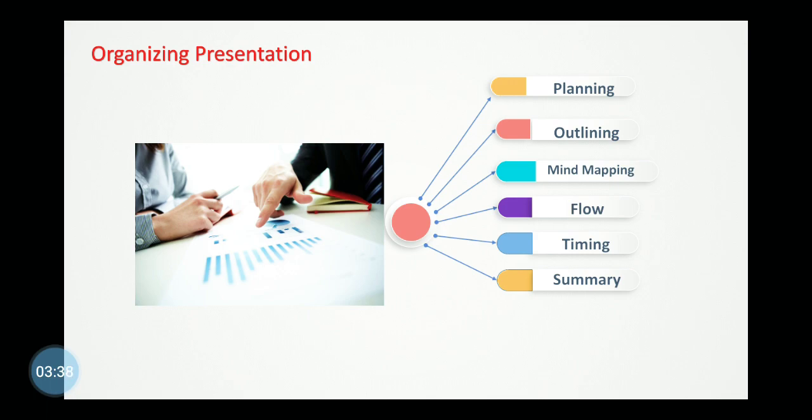After mind mapping, we should note down the ideas in a proper flow. Then we should also think about the timing, how much time is allocated for us for the presentation, and we should be able to complete our presentation within that stipulated time. Then summary.